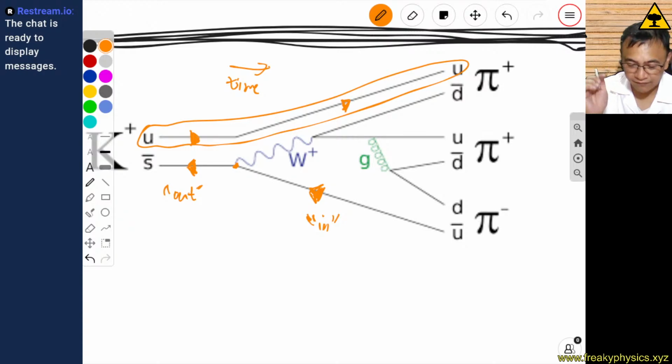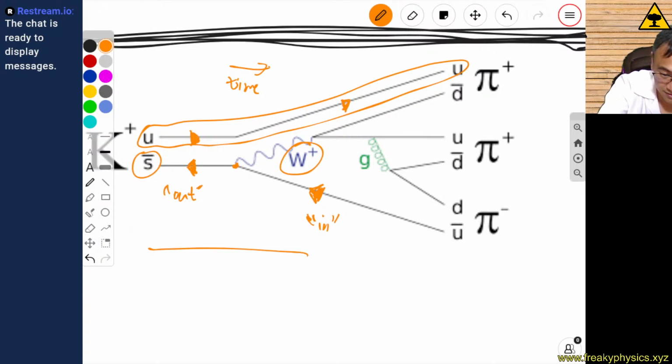Now let's focus on the anti-strange quark here, and it reacts like so. Let's take a look first at why this is a W plus. So in this case, let's do the table again. We're not going to do the rest for today. I'm just going to focus on why that's W plus.